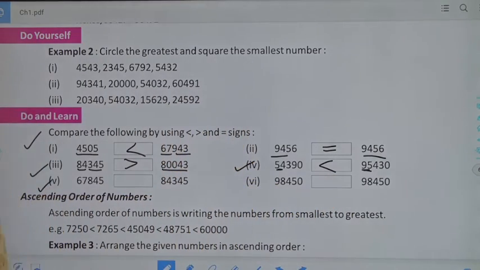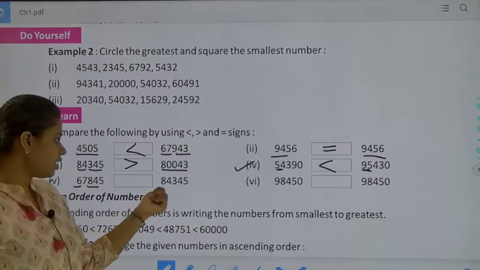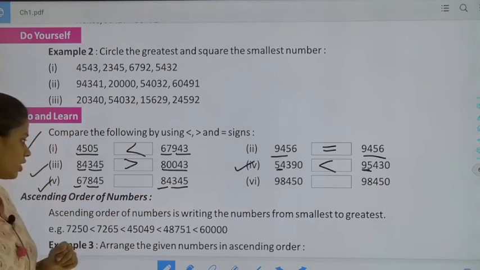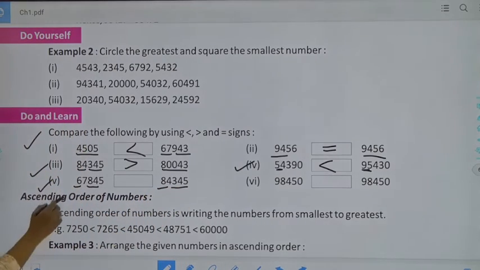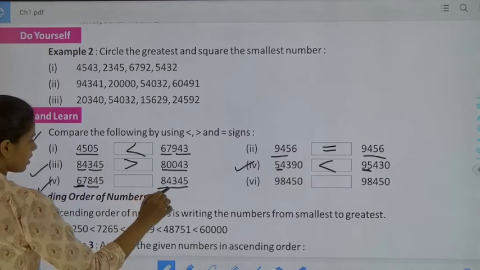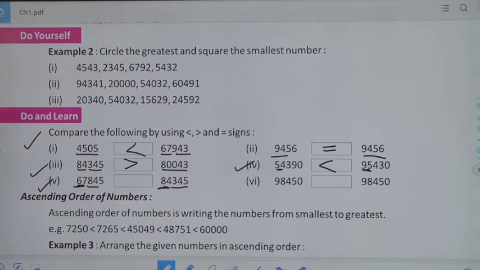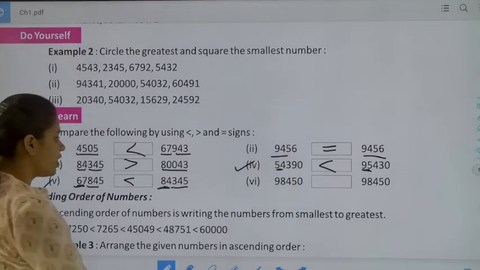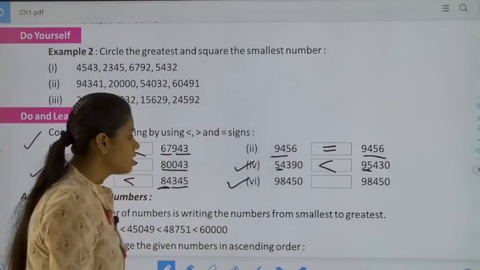Now move to the next, that is 67,845 and 84,345. Which one is the greater? This is 67 and this is 84. So basically, which one is the greater? That is 84,345.